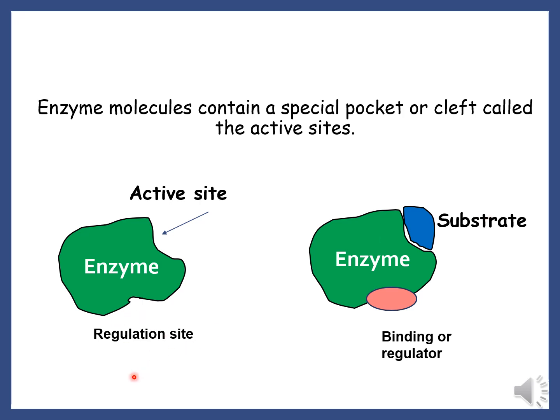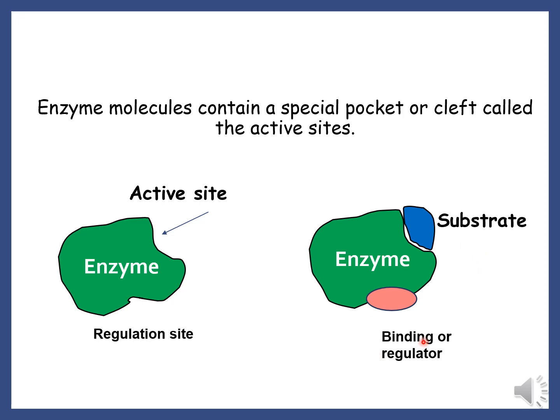And then we also have the regulatory site. At the regulatory site, either an activator or accelerator would bind, or an enzyme inhibitor would bind, and they would actually regulate or affect positively or negatively the enzyme activity.